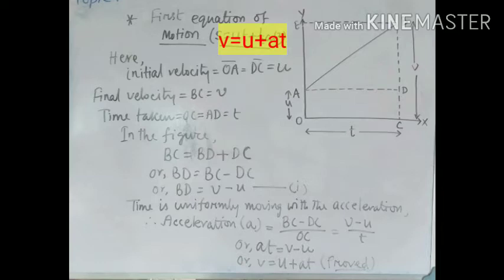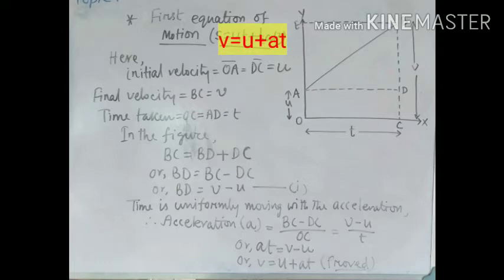Now we know that the body is moving. If you observe this graph, you will observe that the body is not at its primary position. It is not at the O position, it is at the A position. It means the body is moving.